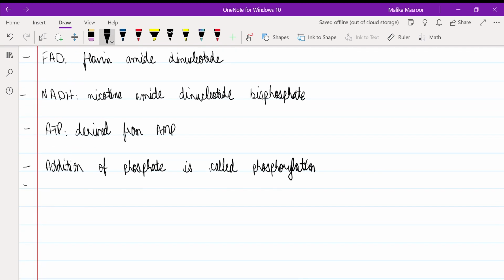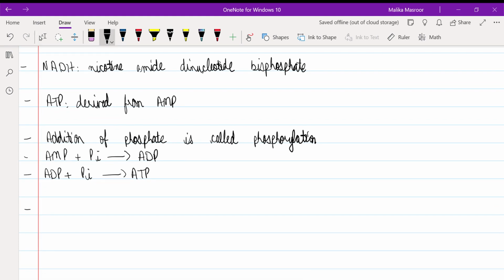Right, so if you add an inorganic phosphate to AMP, you will get ADP. Then if you further add an inorganic phosphate to ADP, you will get ATP. And then if you hydrolyze ATP, you will get ADP.